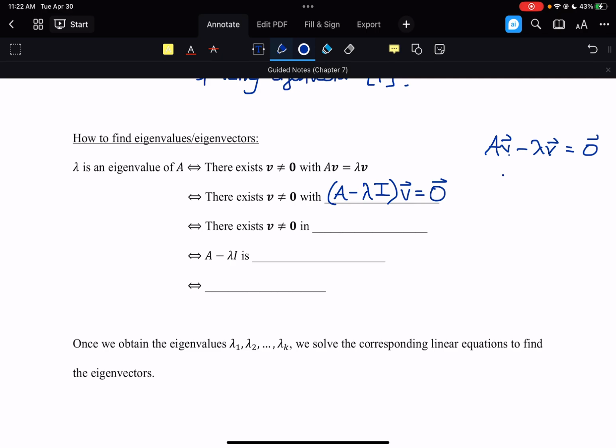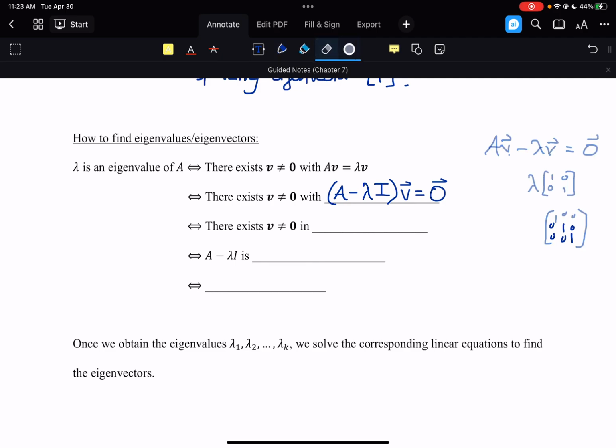But then when you're done, lambda isn't just a scalar by itself. What you have is lambda times basically this identity matrix for whatever size matrix you need, 2 by 2, 3 by 3, bigger, etc.